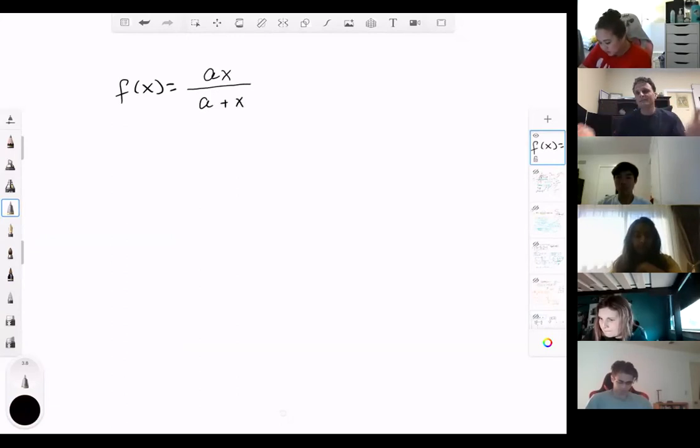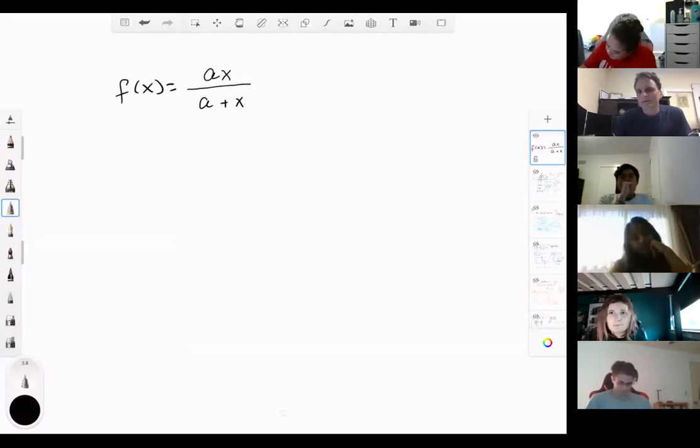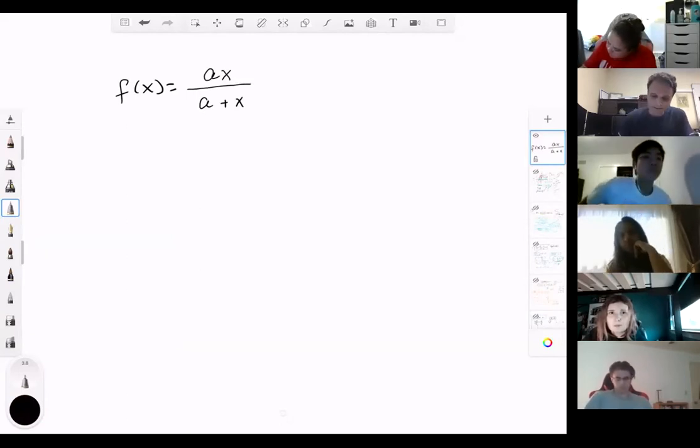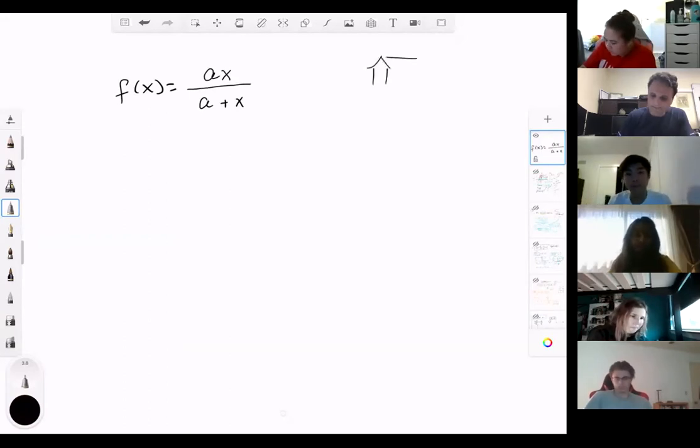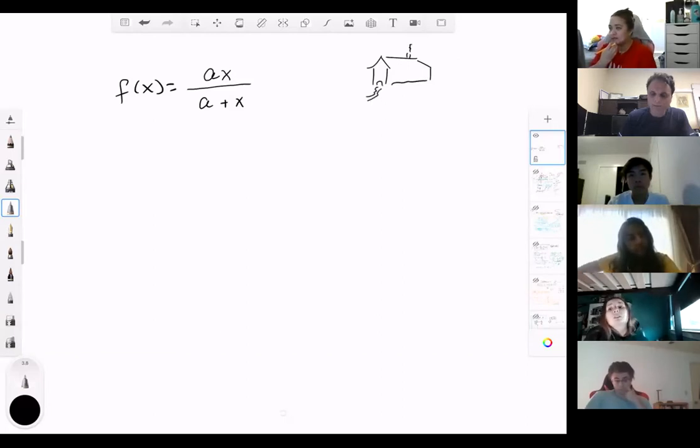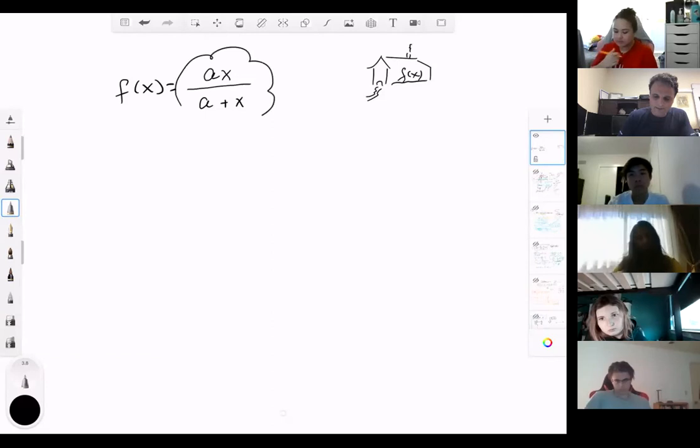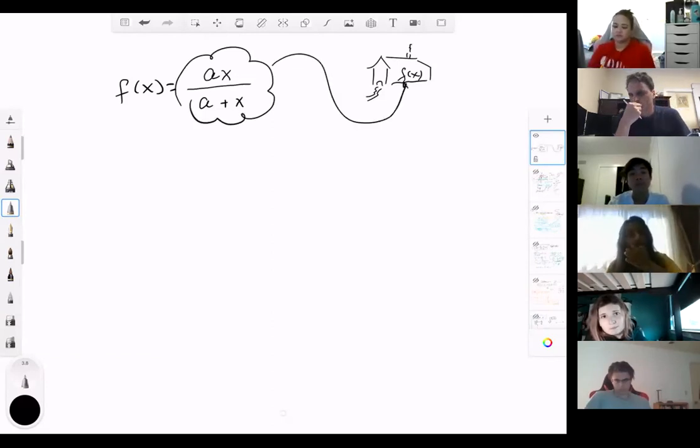So this is given. We have a function. Anytime you see a function, you can assume again that's the factory one. This is f of x, and this is a recipe inside of the function.